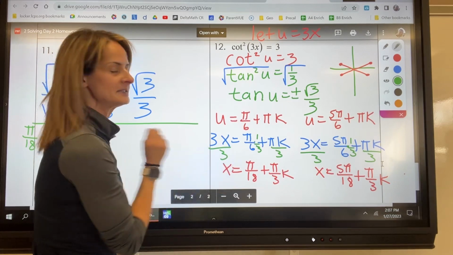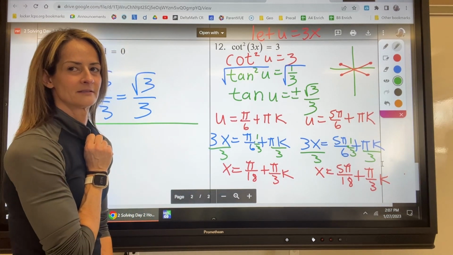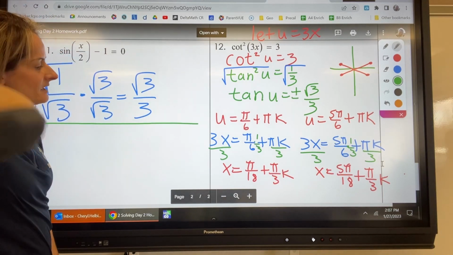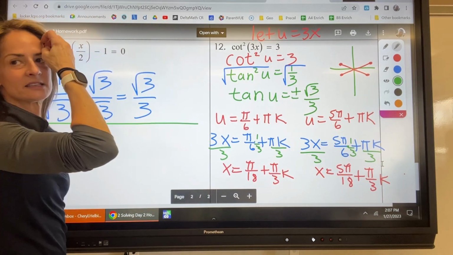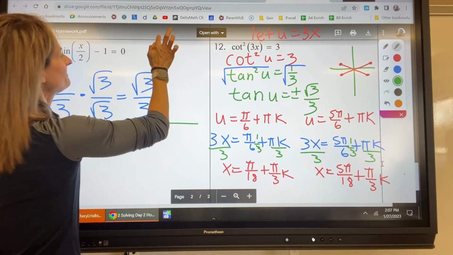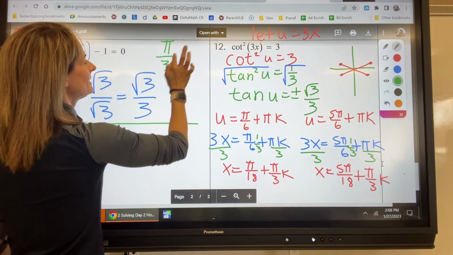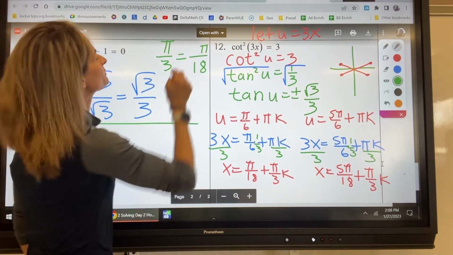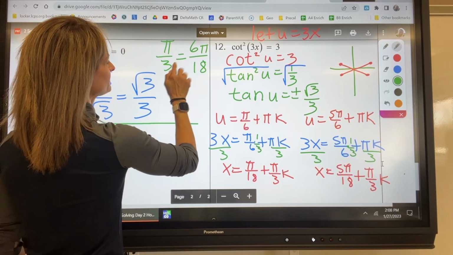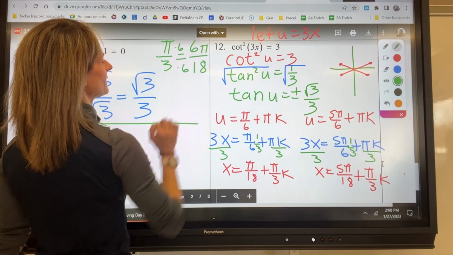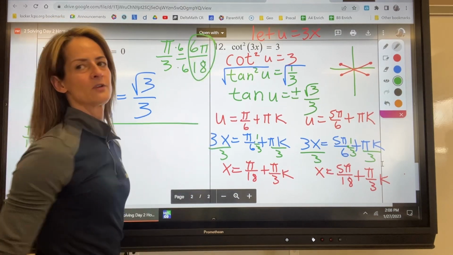So we're dealing in 18ths. If this is pi over 3, how many 18ths is that? 6. Pi over 3 is equal to how many 18ths? 6. Okay, because 3 times 6 is 18 and pi times 6 is 6 pi. Okay, so we have to add 6 pi over 18.